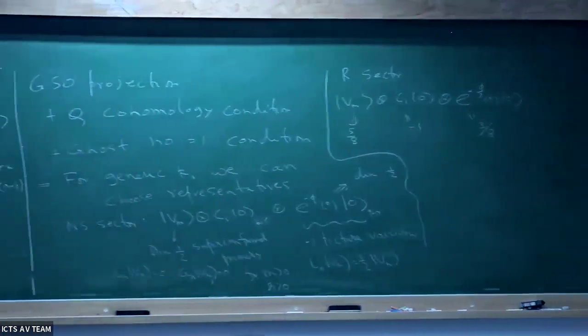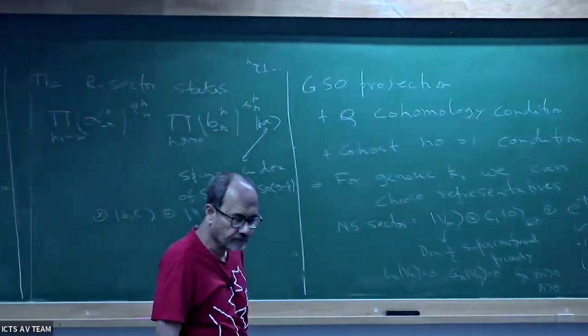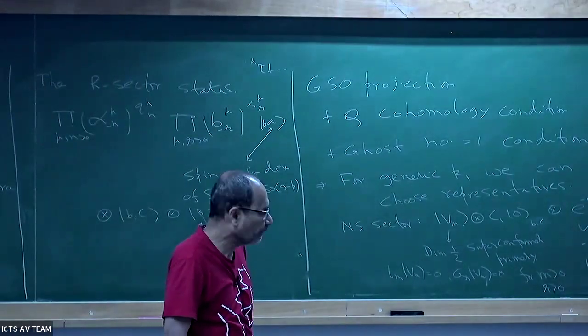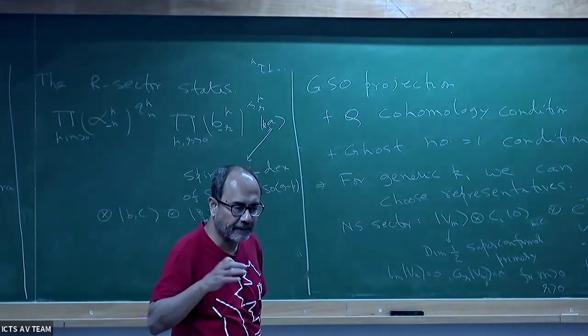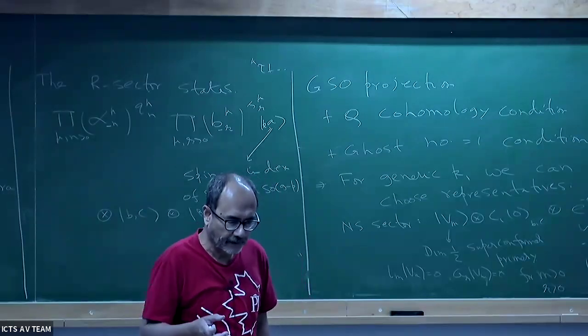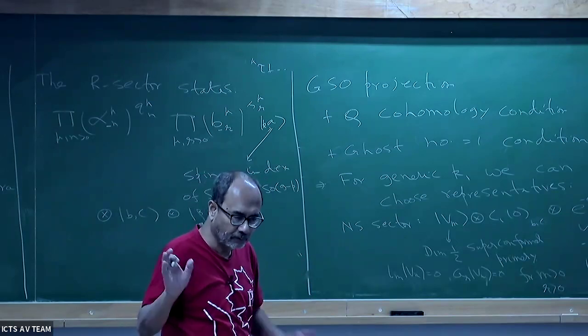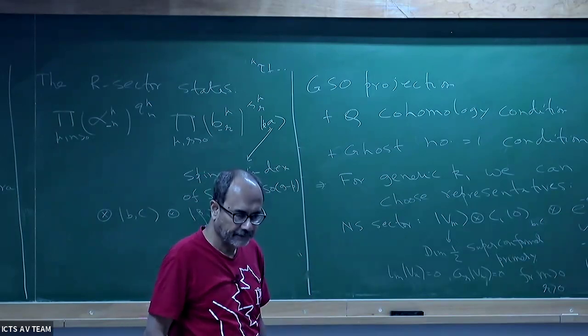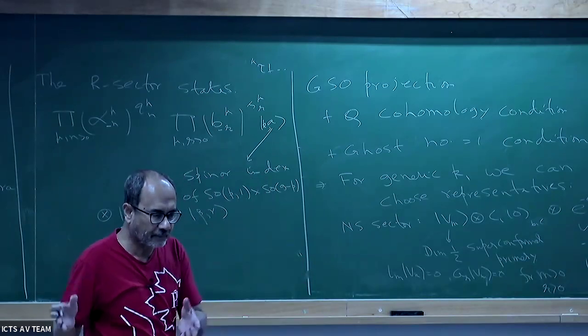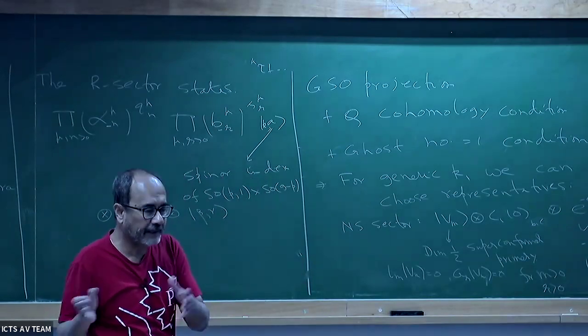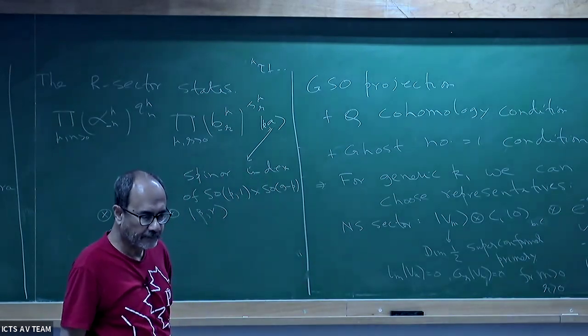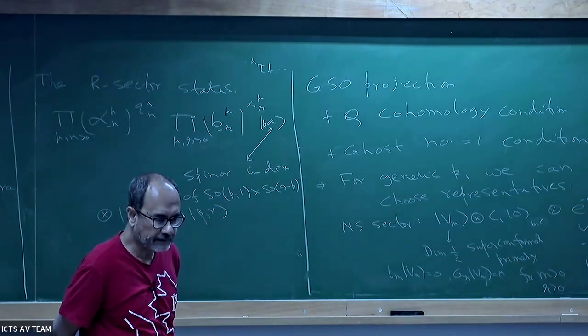It also had a ghost number 2 condition, because that was c_1 c_minus1 minus c-bar_1 c-bar_minus1 on the vacuum. So total ghost number was still 2. We don't want to go outside the ghost number condition. But you don't specify ghost number in the left and right sector separately, because it's the total ghost number which is important.